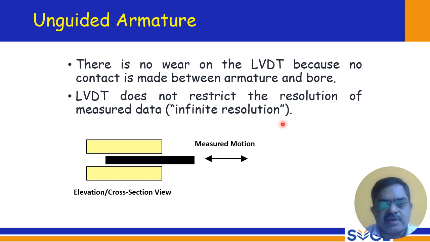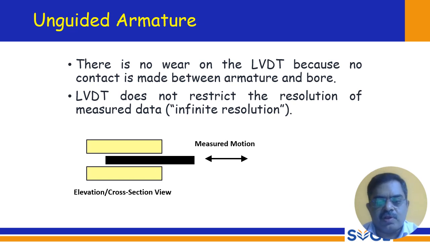And here, unguided armature. So this is the cross section view, and it is an unguided type, whereas in the previous one, right? So here this is the unguided support.